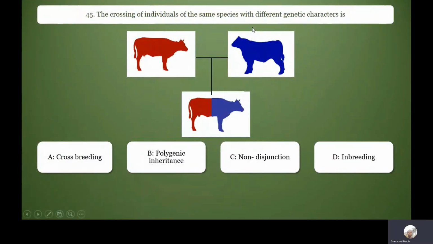The crossing of individuals of the same species with different genetic characters is known as crossbreeding.